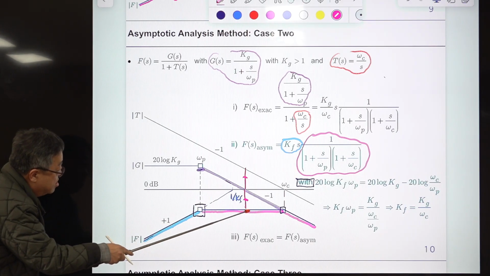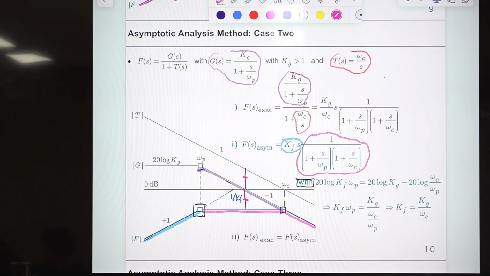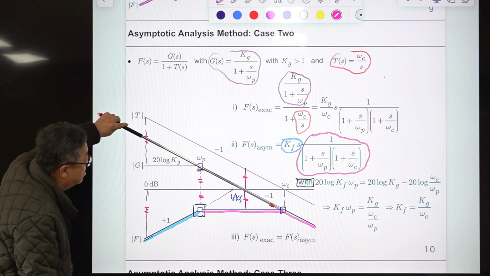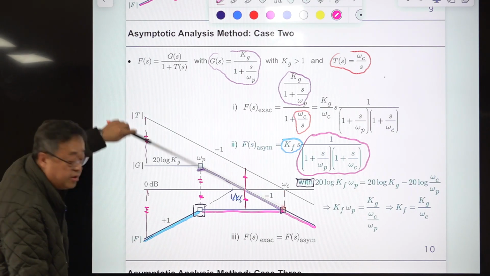Then you have this, and this is the same. The length of this is the same, and the length of this is the same. Okay, that is the way of drawing this asymptotic plot, or you can use the slope information. Slope here is -1, slope here is -1.